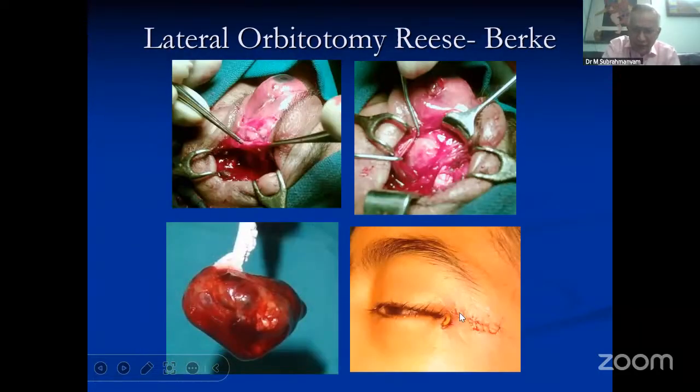Then close the incision with 6-0 Vicryl interrupted sutures. If you want to put a drain, make a separate stab incision through which you pass the drain, and pass a suture through the drain and the skin so that it doesn't get disturbed, and then put a pad and bandage. So these are the steps of lateral orbitotomy by Reese-Berg incision.